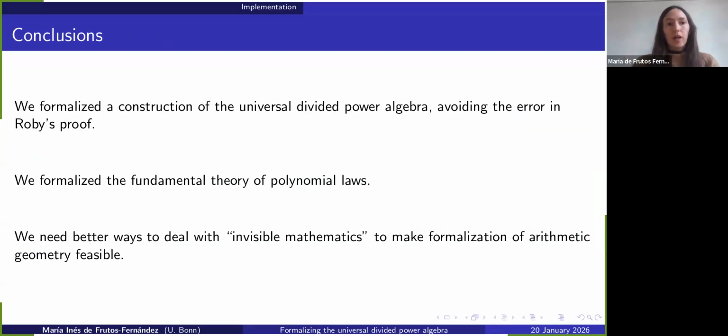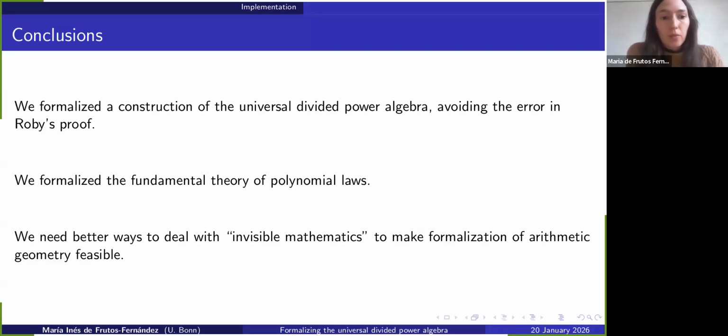Okay, so I will conclude here. I just want to summarize that we have formalized a construction of the universal divided power algebra. This is avoiding the error that appeared in Robbie's proof in 1965. And once we write this up, this is going to be the first complete and correct proof of this construction in the literature, because, as I said before, there are some other sketches, but none of them provide all of the details.